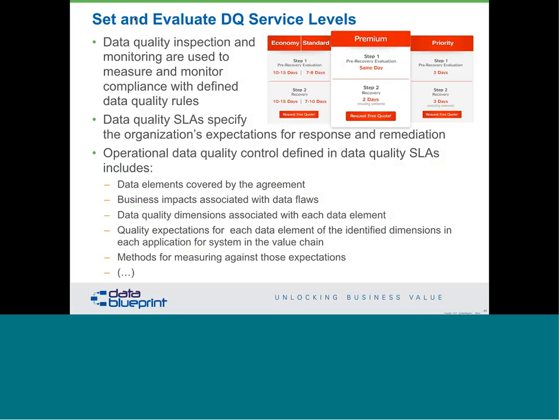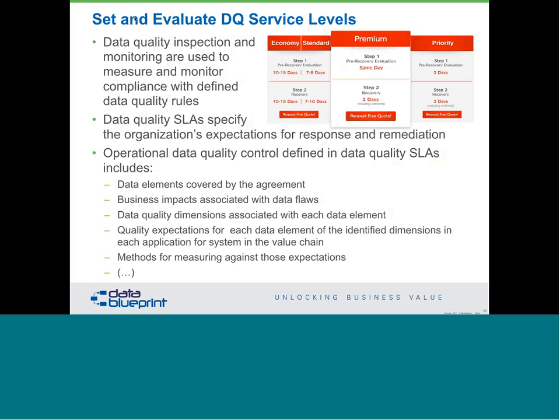See, these service level agreements give you the ability then, the targets, to do the data quality inspection and monitoring that you're going to do. So you can look at different things, and you're seeing here, these are three levels of service that you can have, which is, I guess if you lose something, it takes 7 to 8 days on step one, whereas if you're in the premium service, you get it the same day.